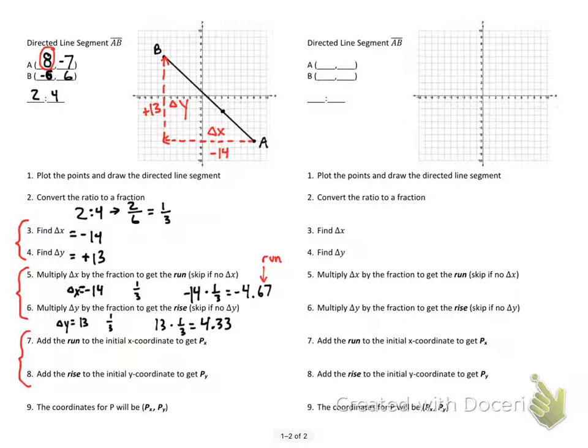If it's directed line segment AB or BA, go to the correct coordinate. I'm going to take this initial x value and bring it down. So my initial x value is positive 8. And I'm going to add the run to it. My run is negative 4.67.